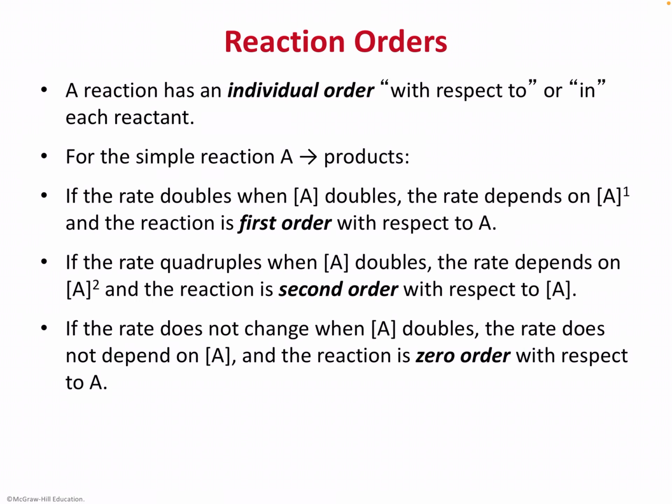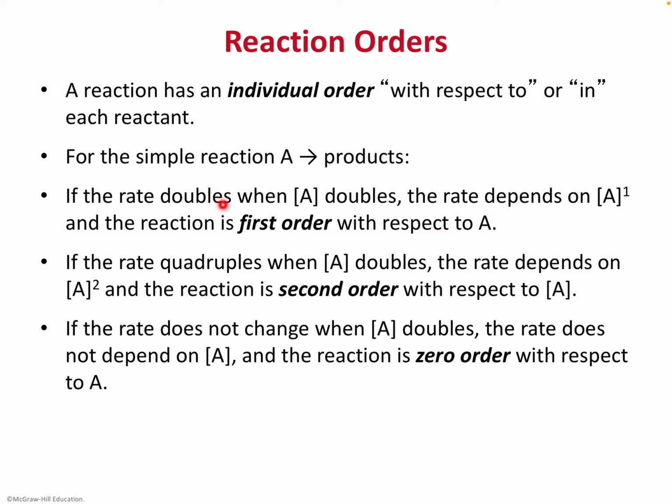So reaction orders in a little bit more detail. A reaction has an individual order with respect to each reactant. For example, if a reaction has A as our reactant, which goes to products, now we are going to relate this to the rate of the reaction.